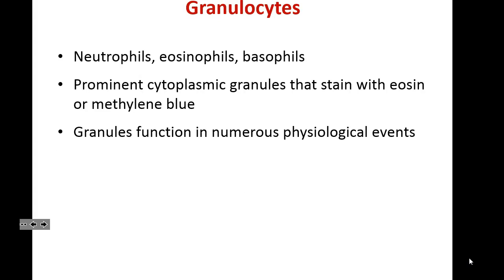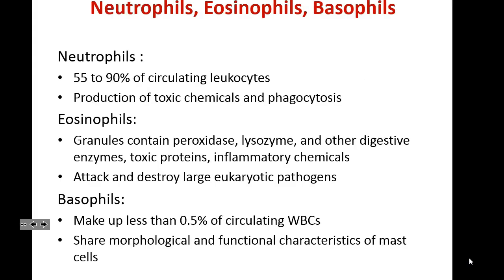So granulocytes are neutrophils, eosinophils, and basophils. They have prominent cytoplasmic granules that stain with eosin or methylene blue. The granules function in numerous physiological events. Neutrophils are 55 to 90% of the circulating leukocytes.